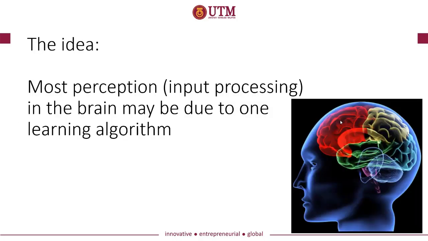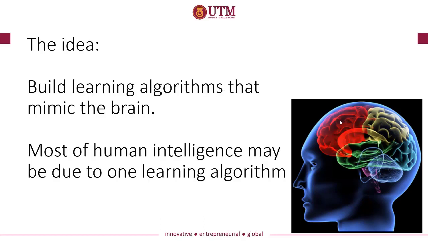Of course, deep learning comes from how neuroscience studies the behavior of the human brain. The idea is that most perception, which is input processing in the brain, may be due to one learning algorithm. So, build a learning algorithm that mimics the brain. Most of human intelligence may be due to one learning algorithm.